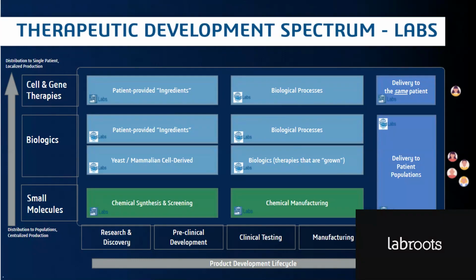As you do the original research and discovery, you're doing that first experimental work. Then you do the development and scale up before you move into clinical testing and manufacturing. So there are labs at each stage of these processes, and they may not be homogeneous for each box that we see here.